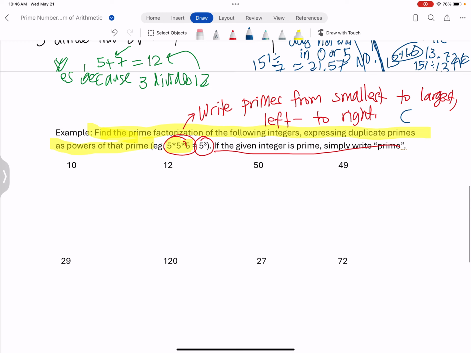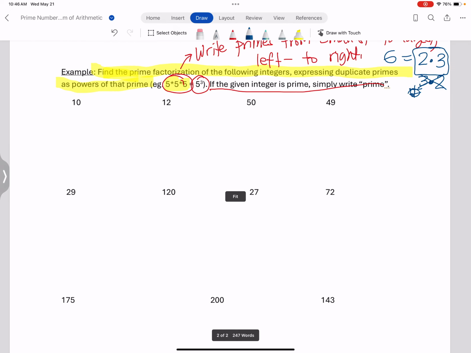If someone said, well, what's the prime factorization of 6? I would say it's 2 times 3. If someone else said 3 times 2, I'd say, yeah, that's good, but we want to write it from smallest number on the left to biggest number on the right. So even though technically 6 is 3 times 2, we prefer 2 times 3. I guess that way you can quickly check if we all got the same answer.